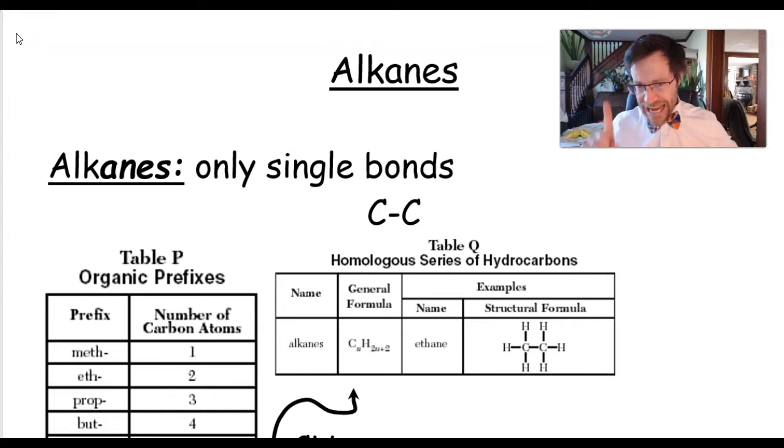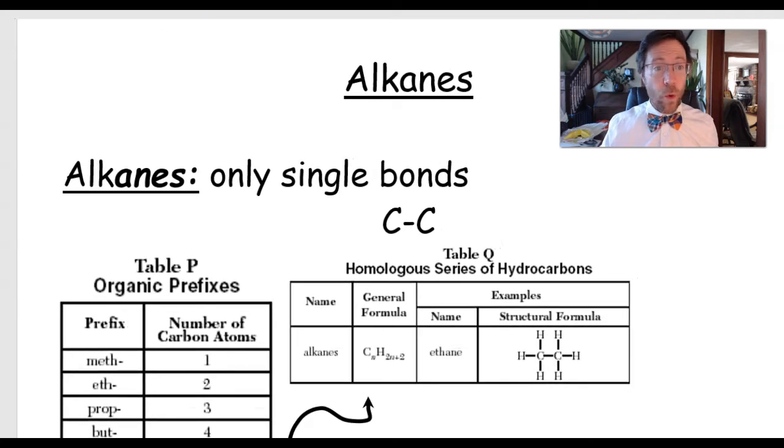Now, alkanes. How do we know that this particular molecule is an alkane? Well, it only has single bonds. If we have something with the suffix -ane, A-N-E, that means it has only single bonds, and this is how we tell.